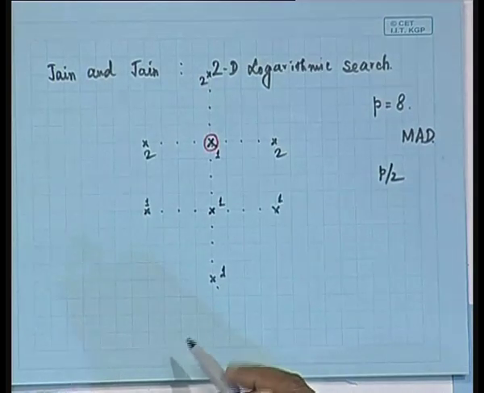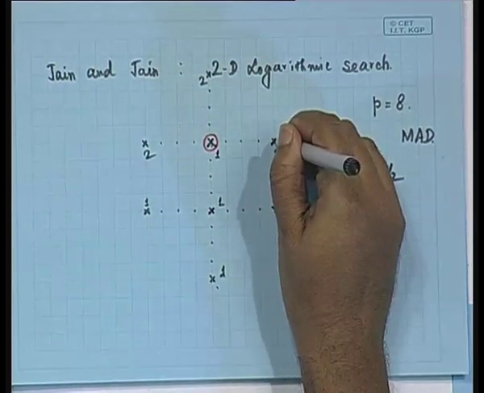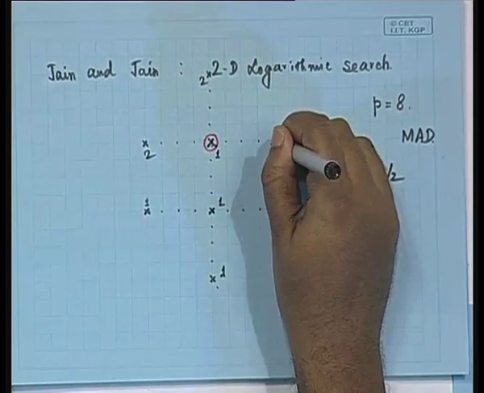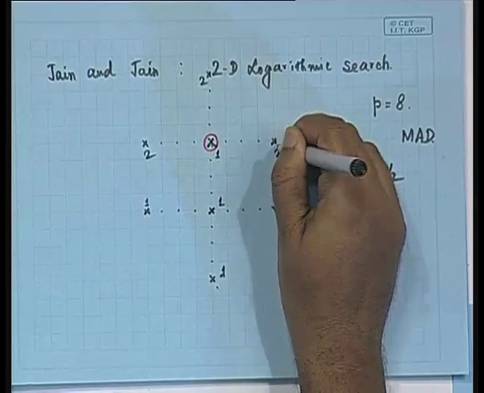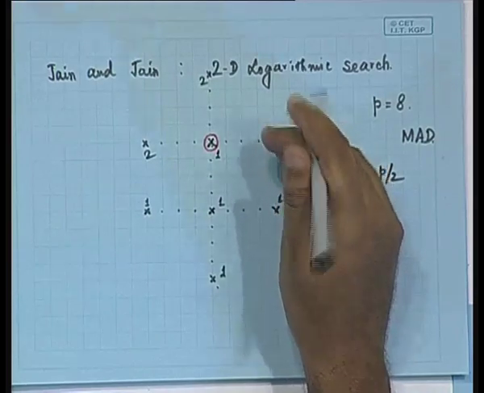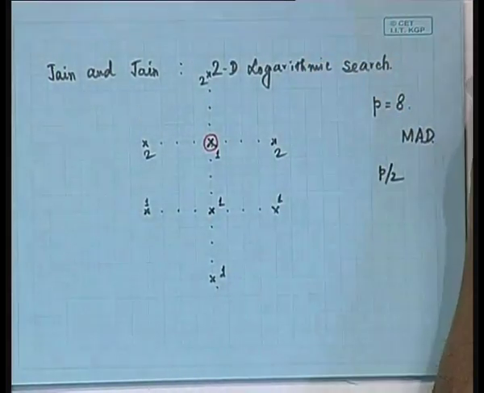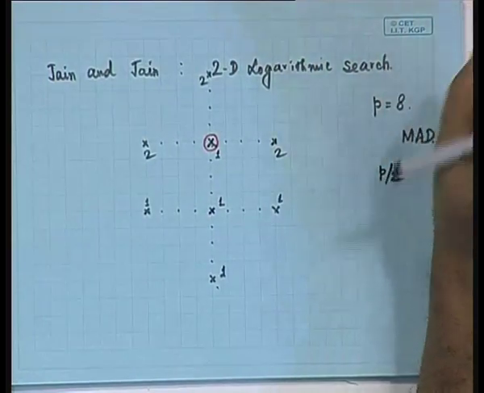Now, if the second iteration minimum happens to be this one, in that case we will continue our search further.